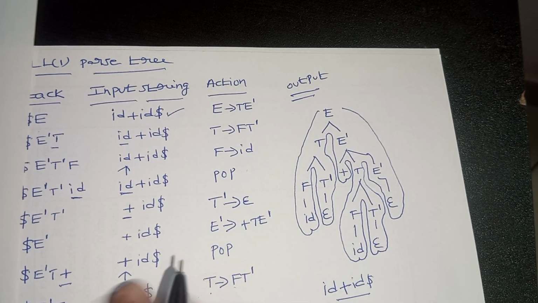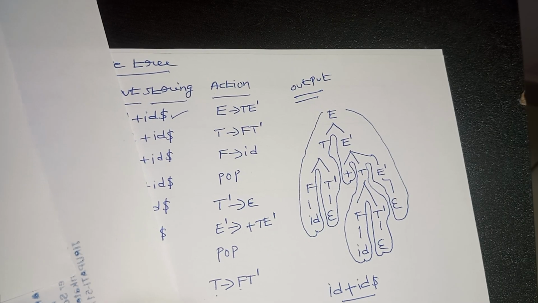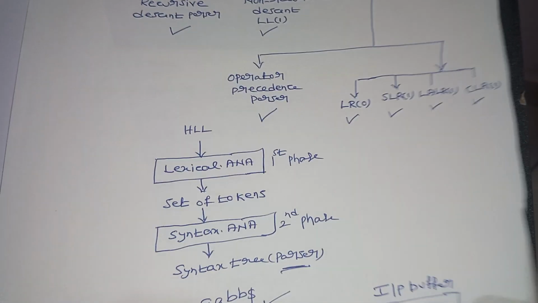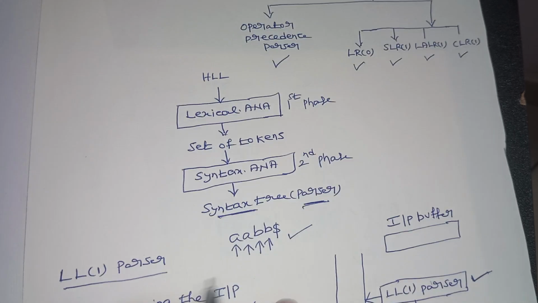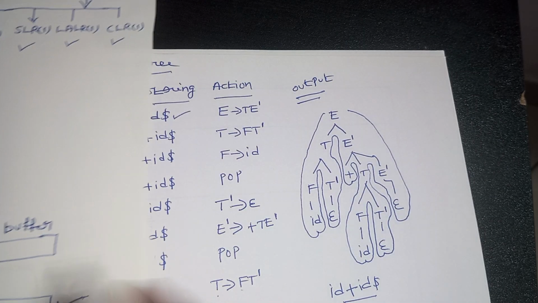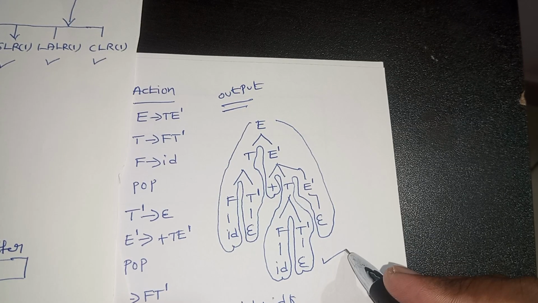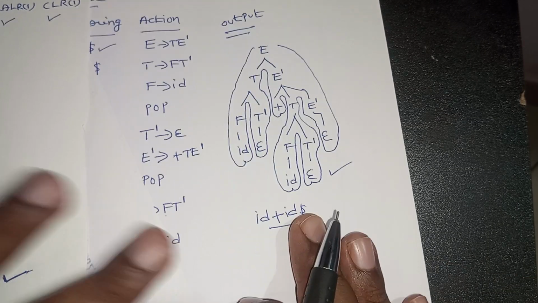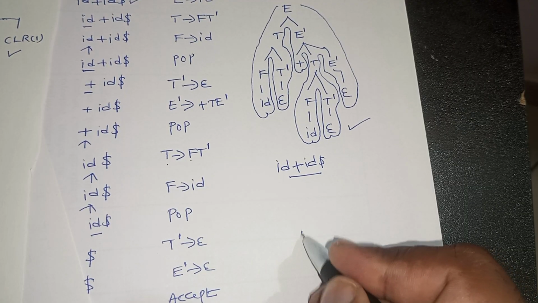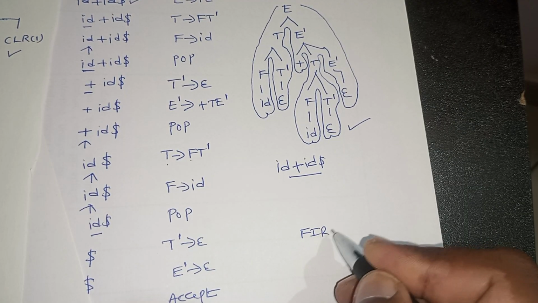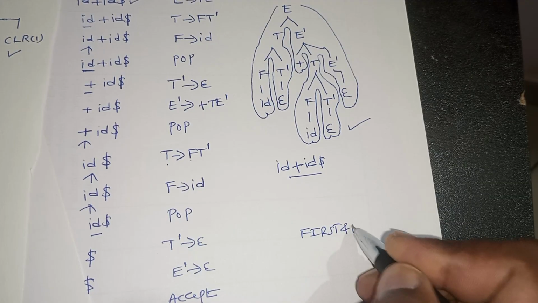So already we have seen in the first part, what is the output? The output is the syntax tree. That is about the LL(1) parser. What we got was the tree as the output. What we have to do: first of all, they have given a grammar. We have to construct first and follow.